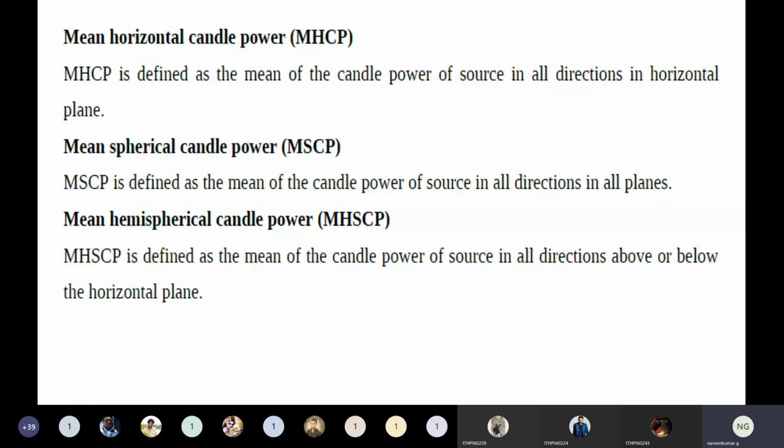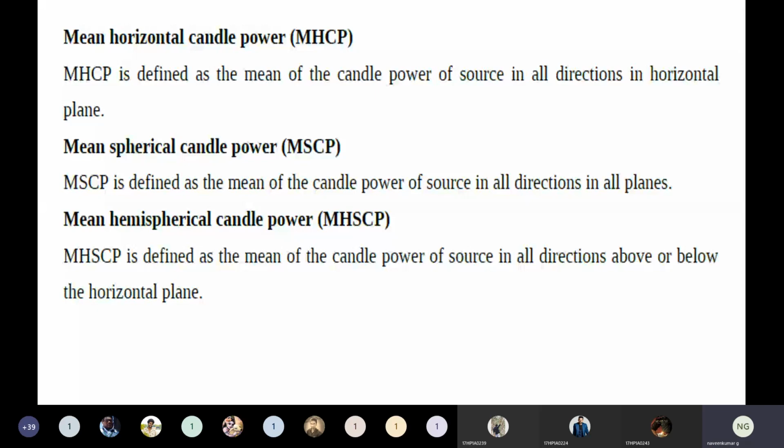Anywhere, either up you are considering all the planes or down you are considering all the planes. So mean hemispherical candle power is defined as the mean of the candle power of the source in all directions above or below the horizontal plane. Okay, it is not specific but it is complete. See, when you are considering the solar system, sun and earth, you only have illumination on one side at a time for about 12 hours.